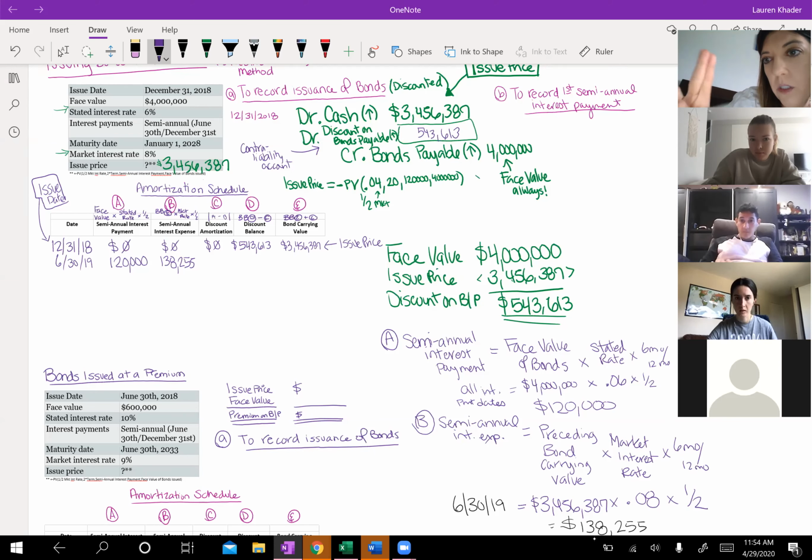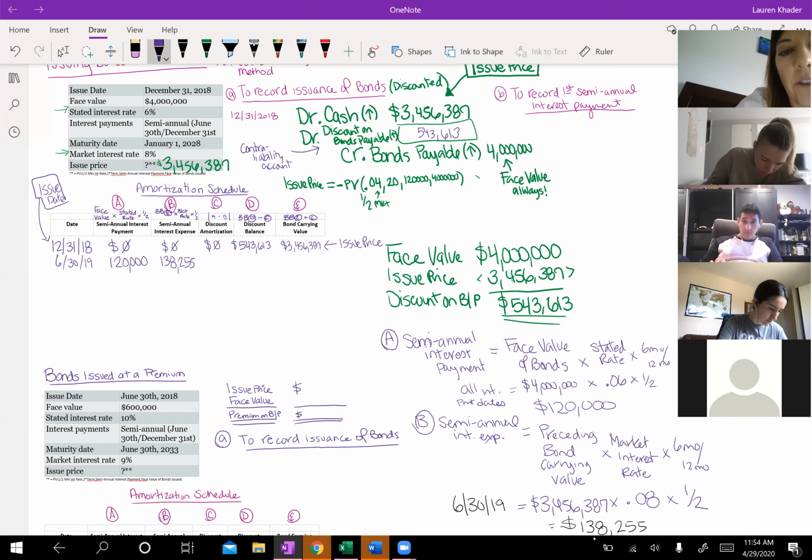So it's going to be a positive number. So 120 was what we paid in interest, and the amount that we recorded as interest expense was 138,255. 18,255 is how much we amortized the discount this period.